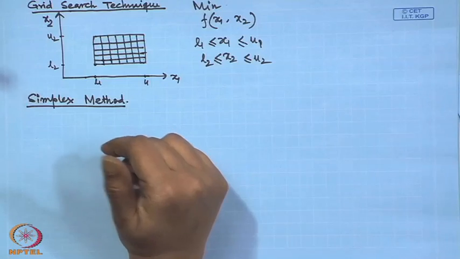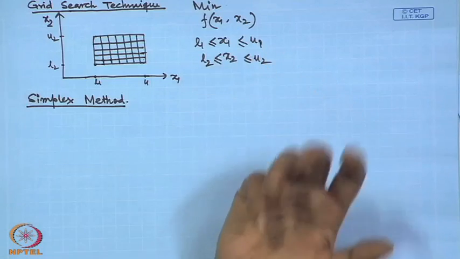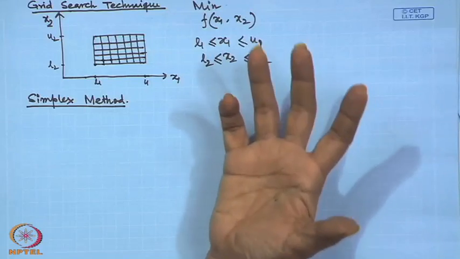That is the simplex. Now, if all the points are equidistant, that is, the sides of the simplex are all the same, then we declare that simplex a regular simplex. The whole simplex method is based on this simplex concept.